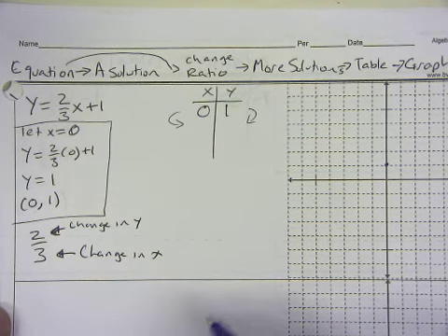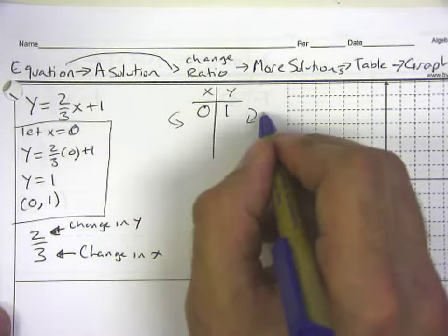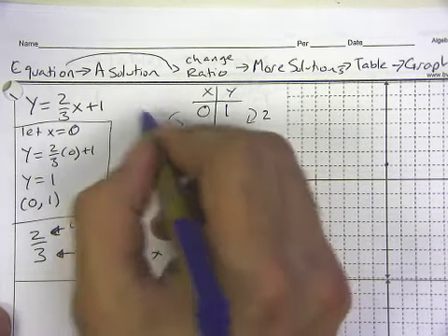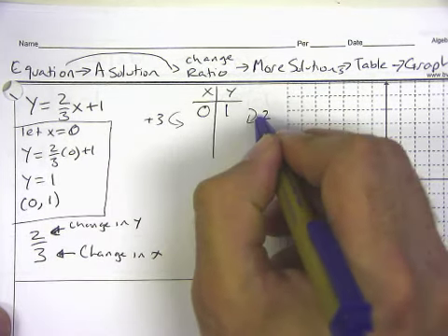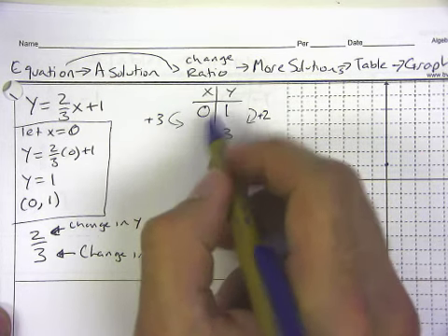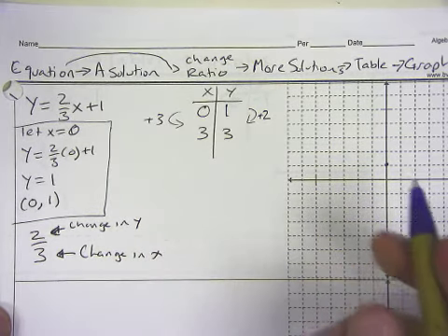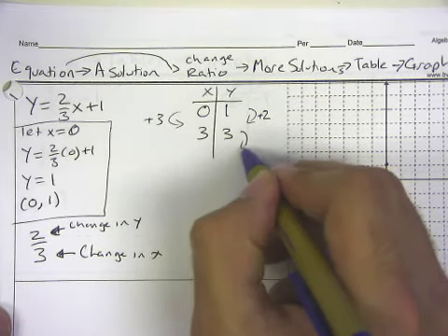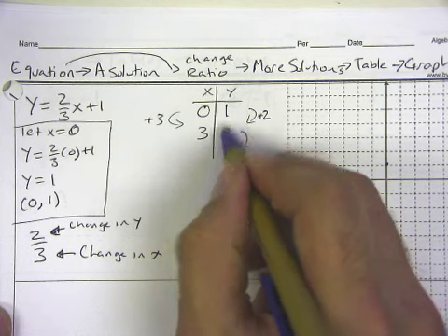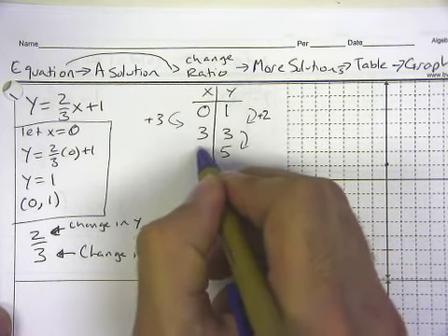The easiest way to work with that is to say, okay, let me change by 2 in the output, the y, and 3 in the input. So plus 2 would give me 3 for the output when my input is 3. You could also find that by plugging it in, but it's just way easier to do it this way. I could do it again: my y goes up by 2, my x goes up by 3.